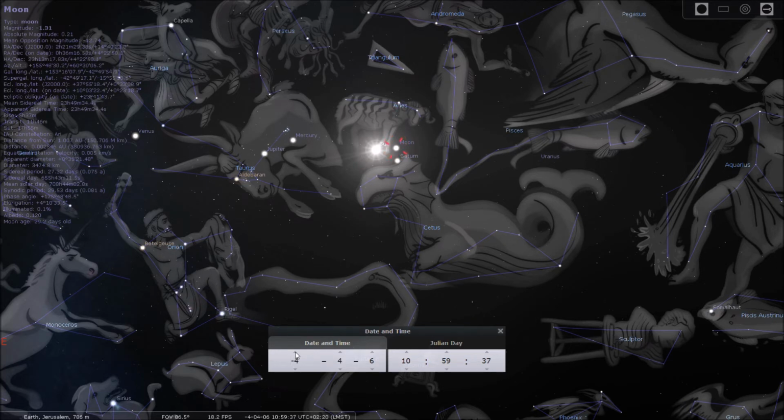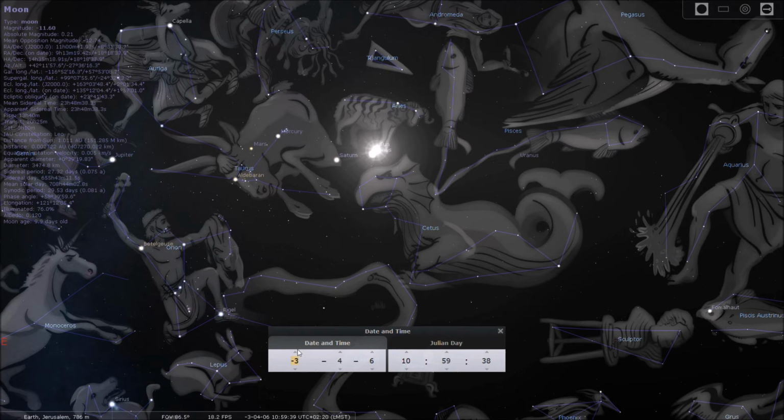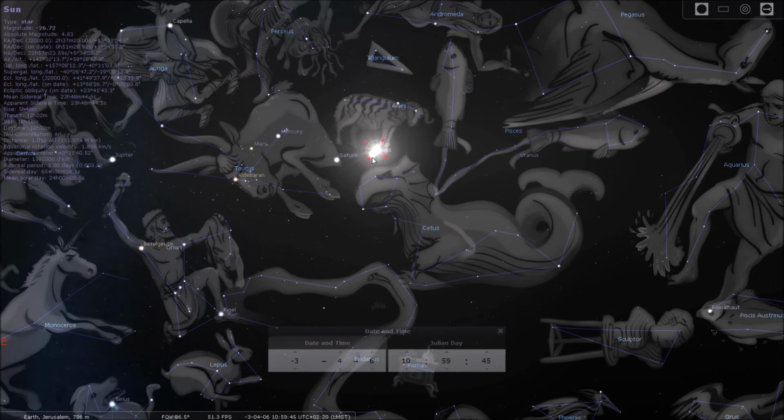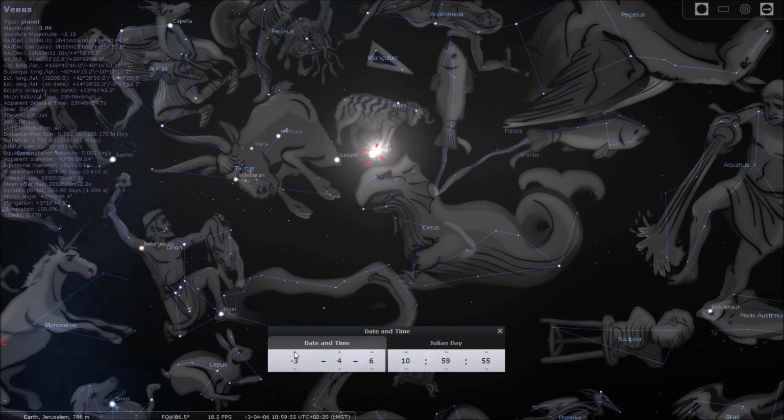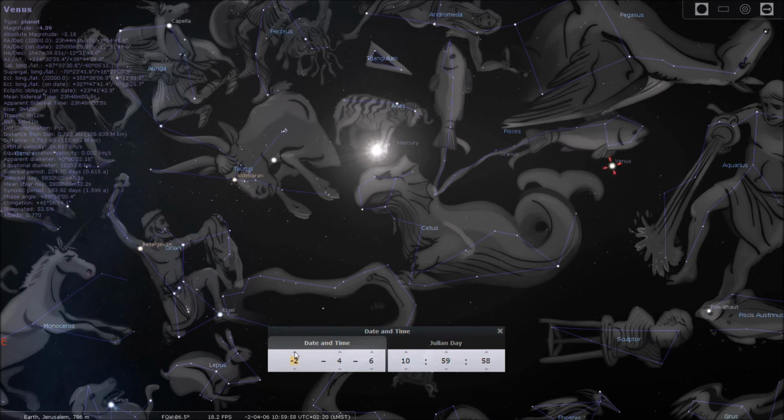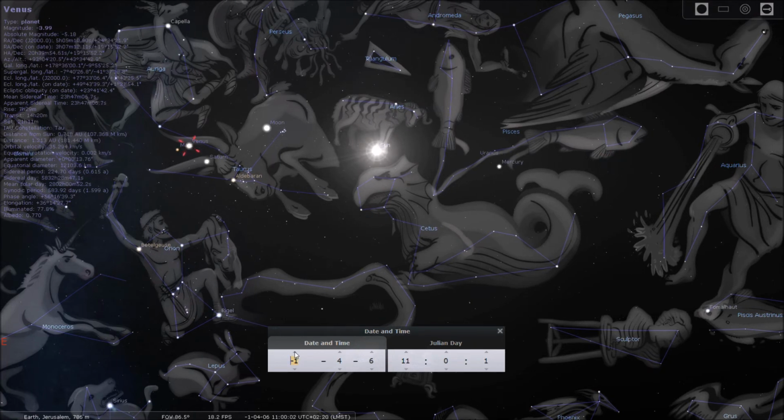Okay, 4 BC. Venus is in conjunction. Here's Venus. Two. There's the moon.